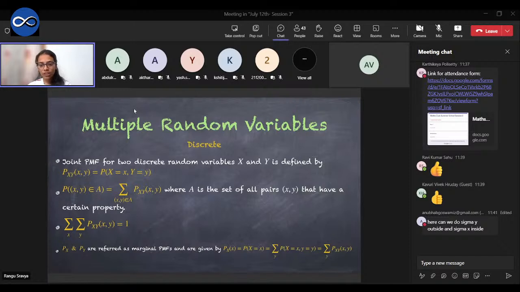That gives the sum over y of p_XY(x, y). X will be x and y will vary over the entire range. That gives the marginal PMF of X. Similarly, for the marginal PMF of Y, it is the sum over x of p_XY(x, y), where Y will be y and x can vary over the entire range. This way you can find the marginal PMF.